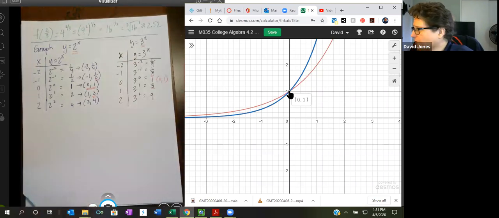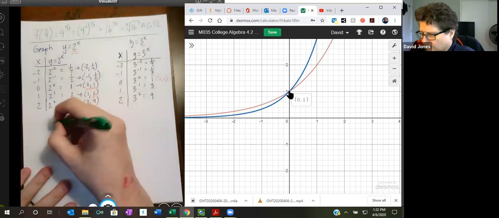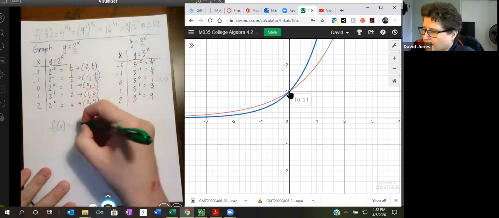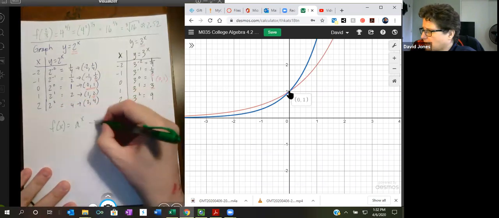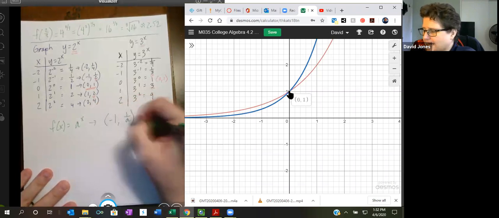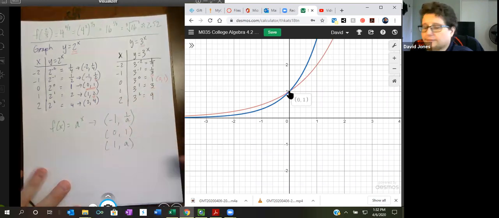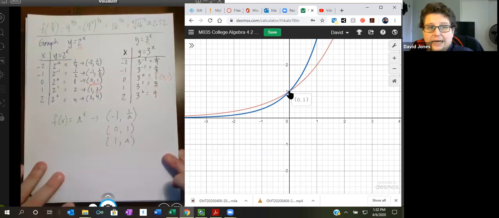This is true for all f of x equals a to the x. If you want to plot it really quickly, you can do negative 1, 1 over a, 0, 1, and 1, comma a. It works every time.